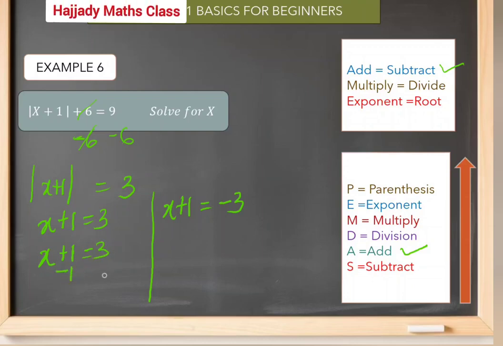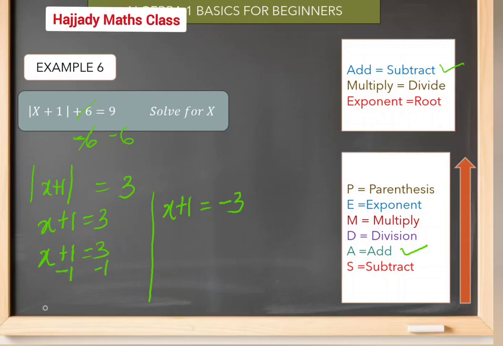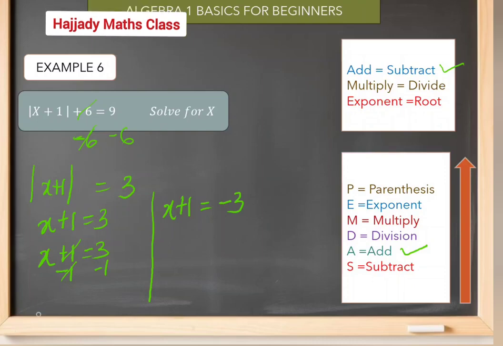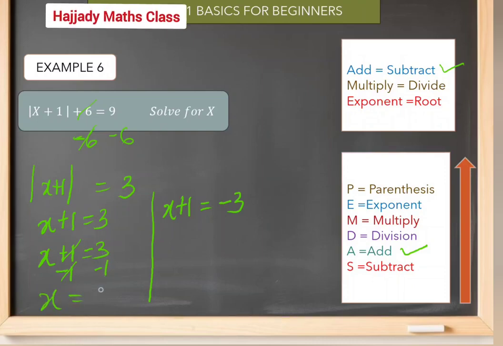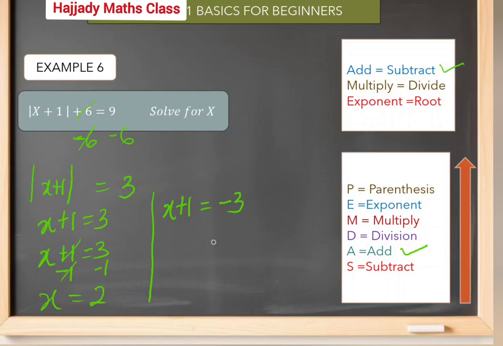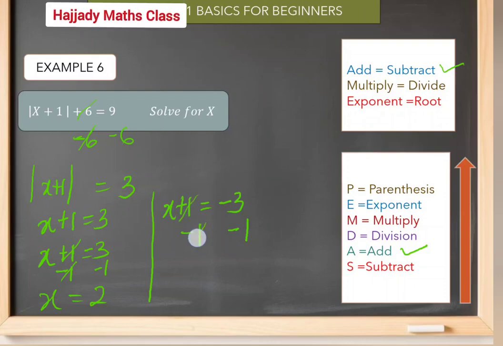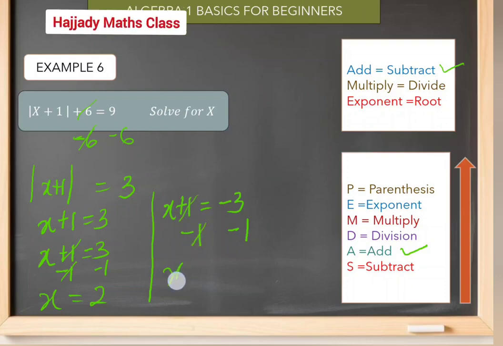Here we introduce negative 1, negative 1. 1 minus 1 cancel out. So here x equals 3 minus 1 gives 2. If you introduce negative 1 also to this, 1 cancels out negative 1. Here we have x equals negative 4.